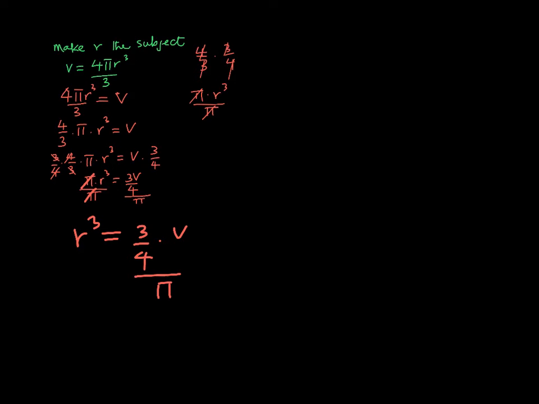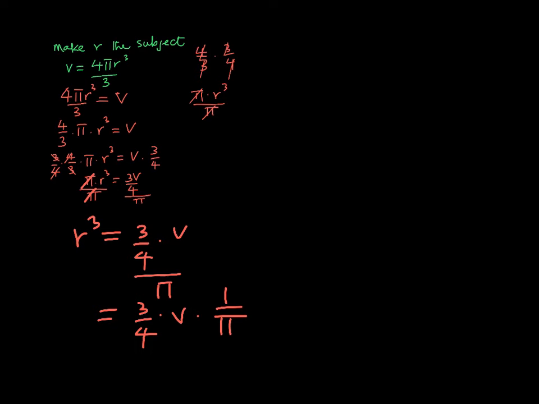Which is essentially the same as 3 over 4 times v times 1 over pi. When you divide something by another number, the divisor, or the dividing number, is more or less like multiplying with a fraction.